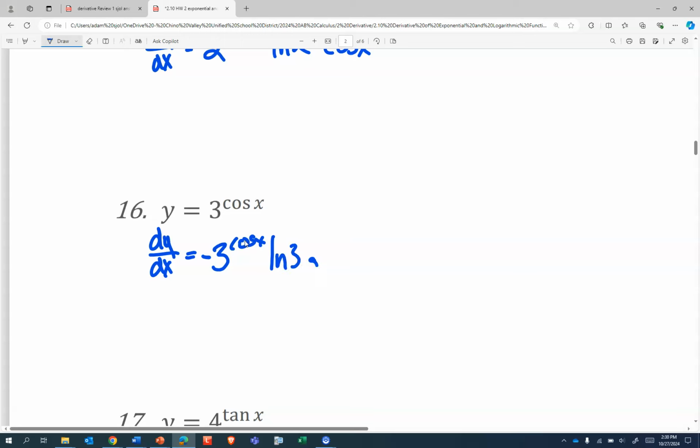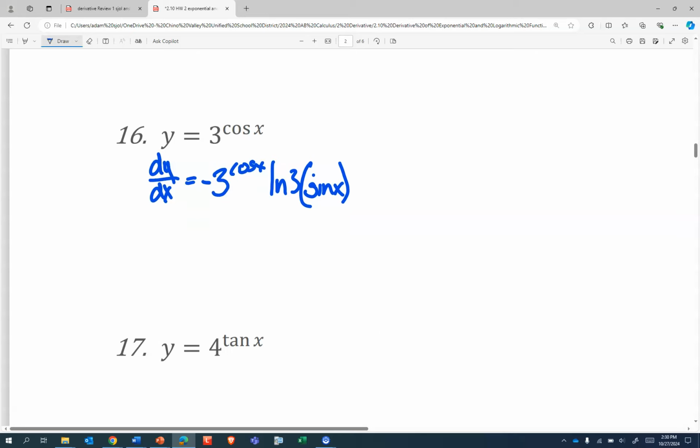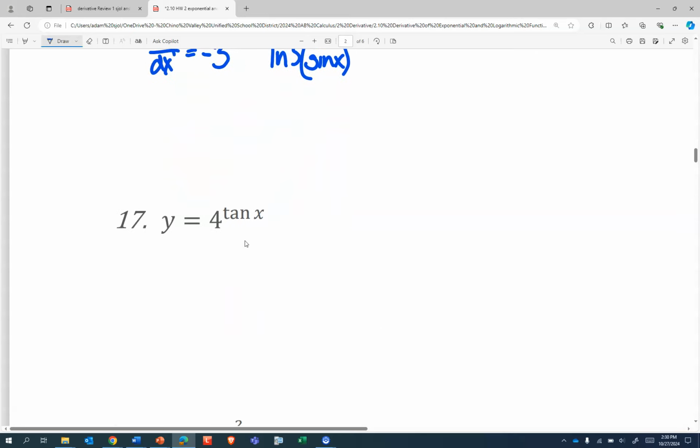I'm going to put the negative out front and then the sine out back so I don't screw up that negative. All right, the derivative of 4 to a power, maybe I can put that secant squared out front, the derivative of tangent, so 4 to the power of tangent times the natural log of 4.